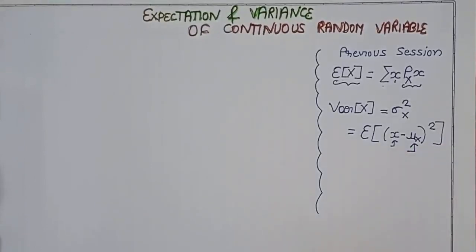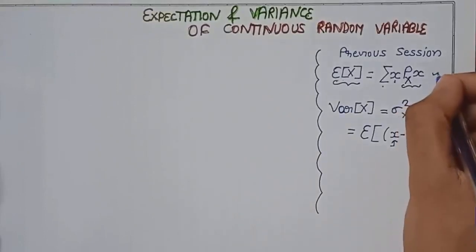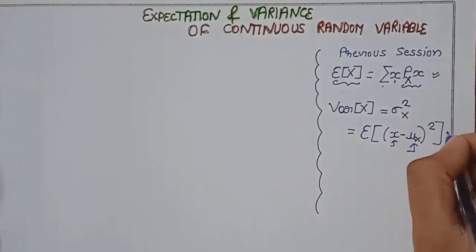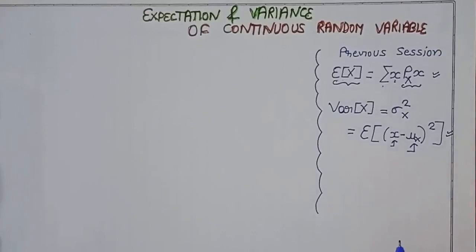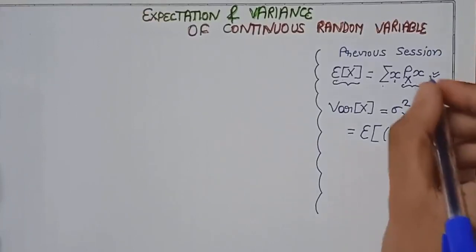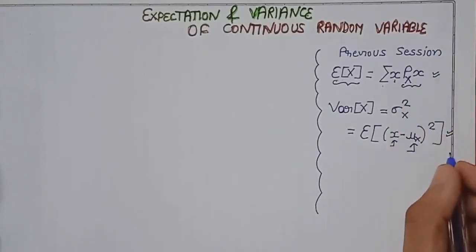In the previous session we have also discussed the properties of expectation and properties of variance, and we have also practiced some examples on these formulas and properties to clarify our concepts.